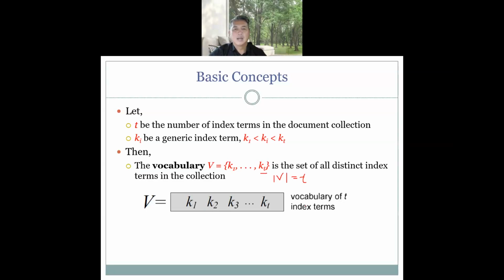We only keep the ones that are most important, that carry more information. Later on we will look into which terms are more important compared to the other words that are less important.